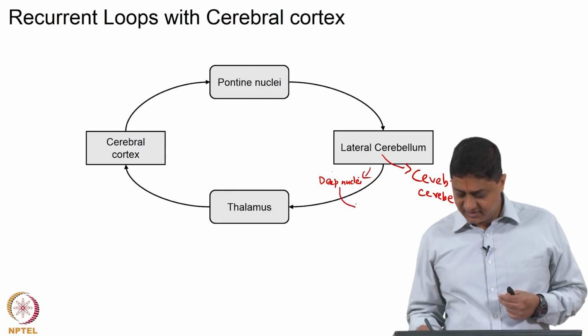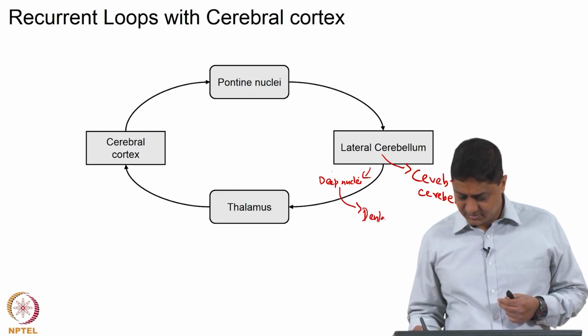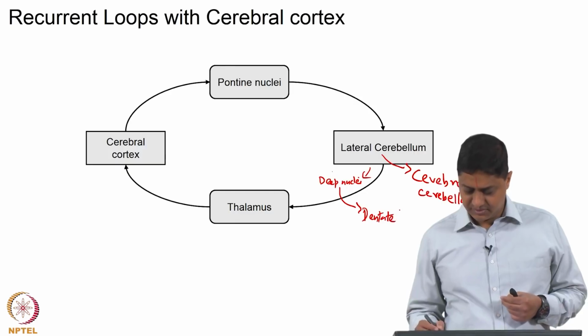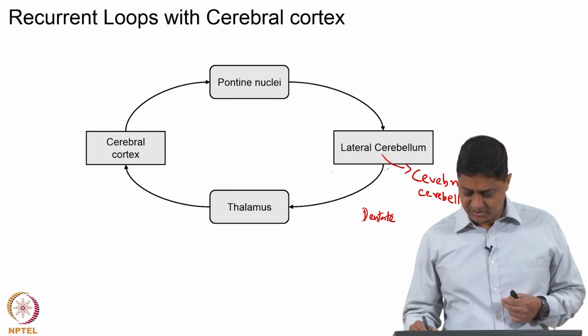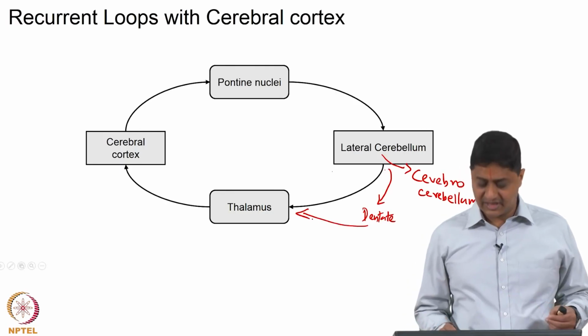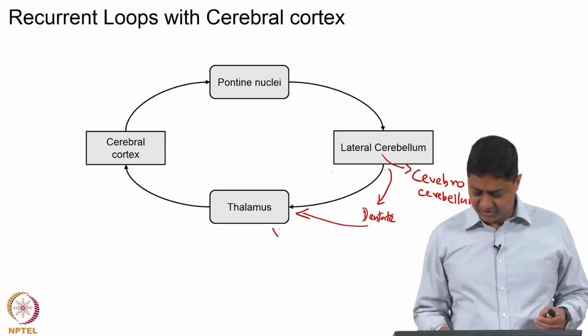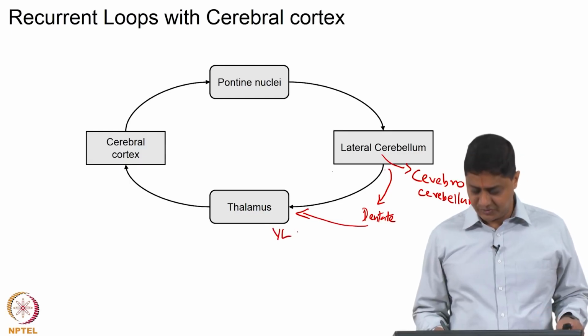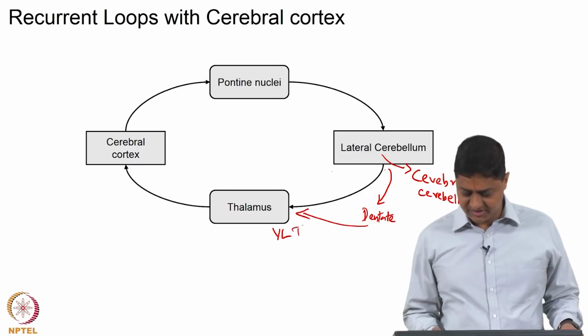That is the dentate nucleus. From the lateral cerebellum, projection is to the dentate nucleus, and from the dentate nucleus to the thalamus, more specifically to the ventrolateral nucleus of the thalamus.